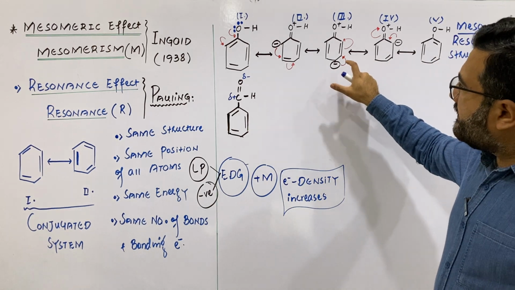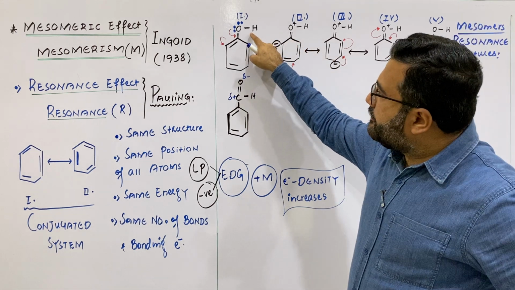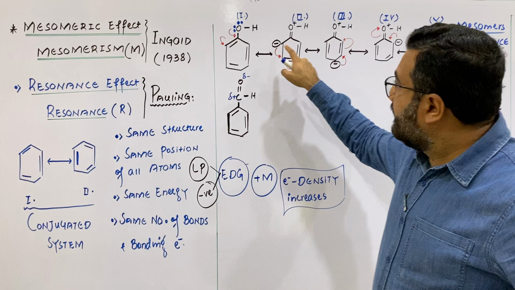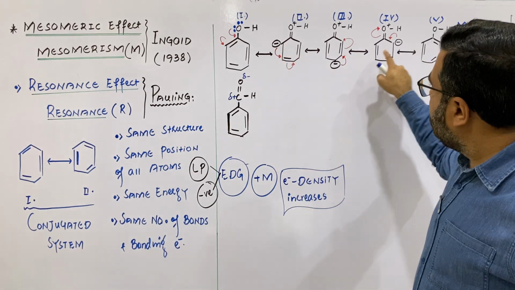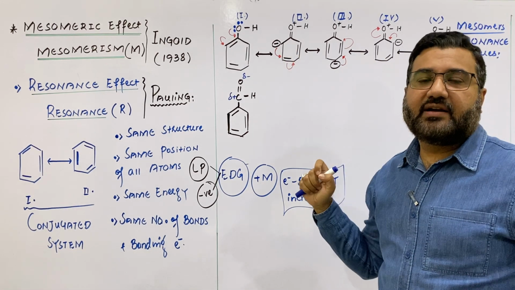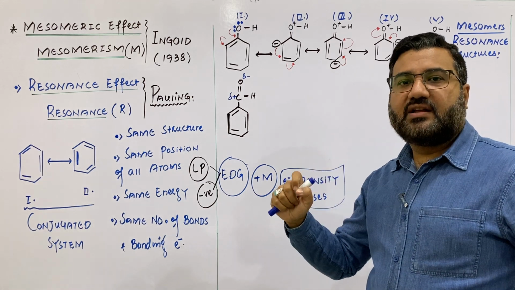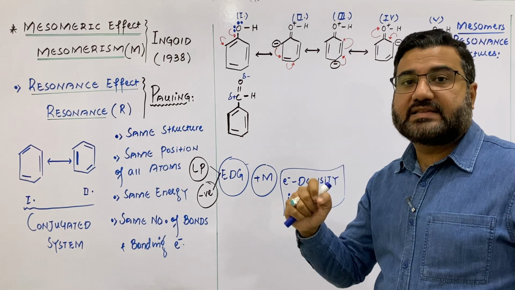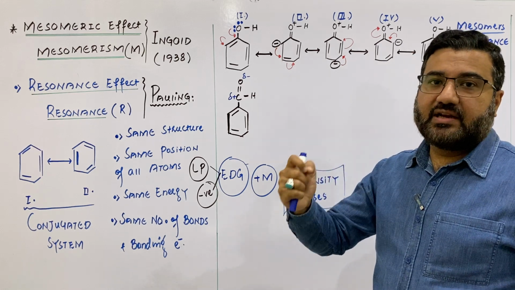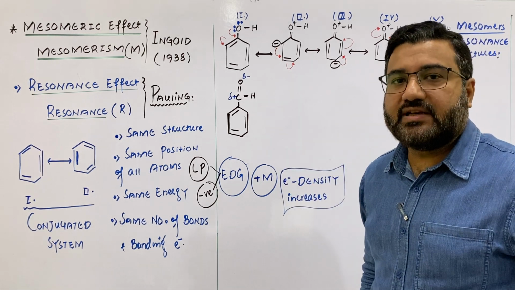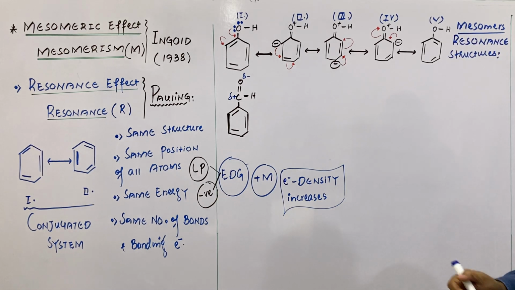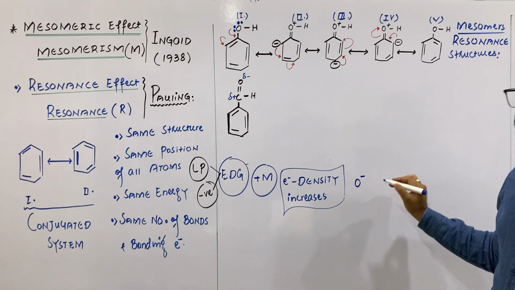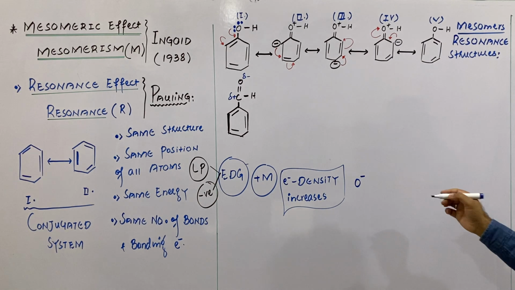It means when the electron donating groups donate electrons to the conjugated system, the positions that become negative will be more vulnerable to the attack of the electrophiles. So the mesomeric effect also decides the points that will become electron rich and that will be the sites for the attack of an electrophile. There are so many electron donating groups, like O negative is an example of an electron donating group.